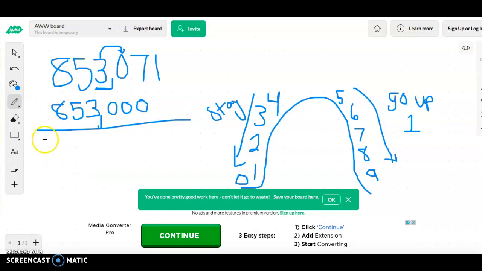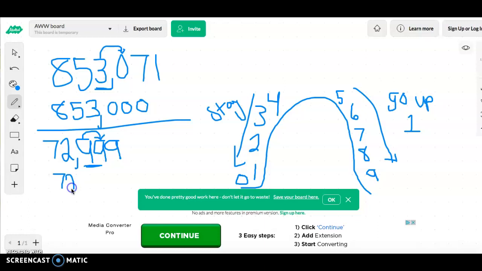What if I had a number that was 72,999 and I wanted to round to the hundreds place? Well, the 9 would look to his neighbor, which is 9. 9's on the go up side, so I would have 72.